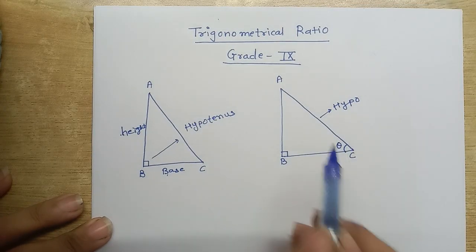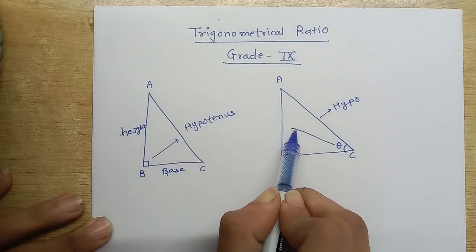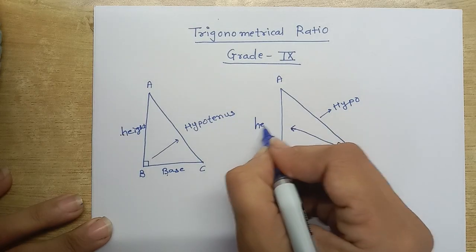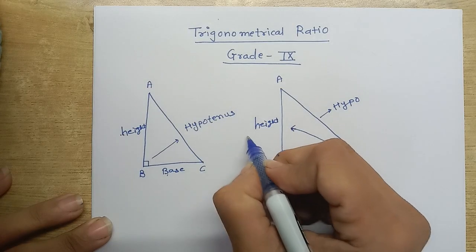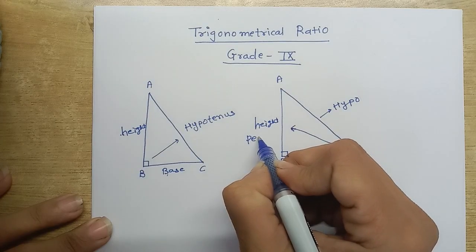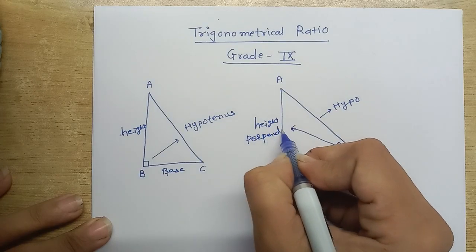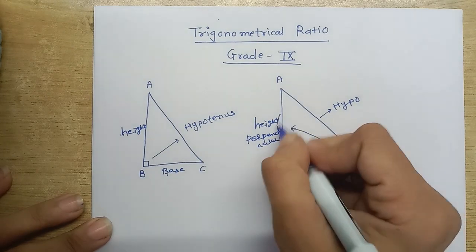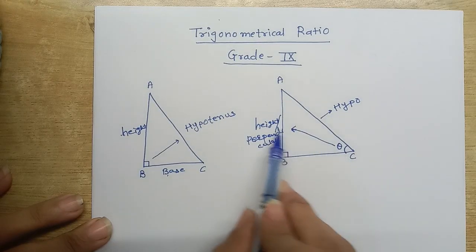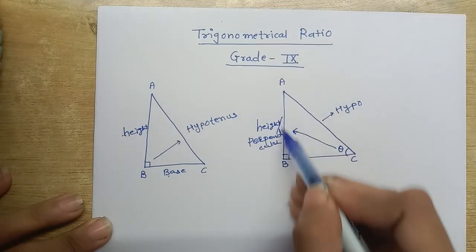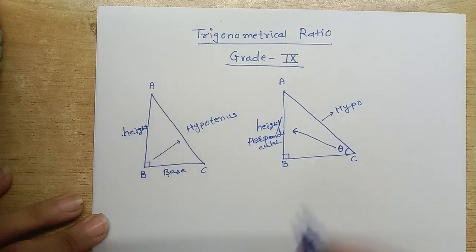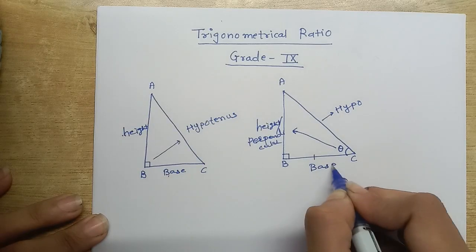So you have to remember the opposite of the notified angle is called height, and height we can call perpendicular also. Opposite of the notified angle is the perpendicular or height, and whatever is remaining is base.